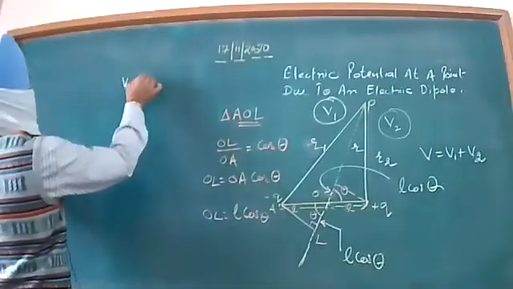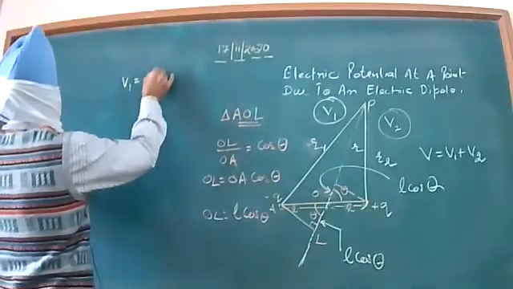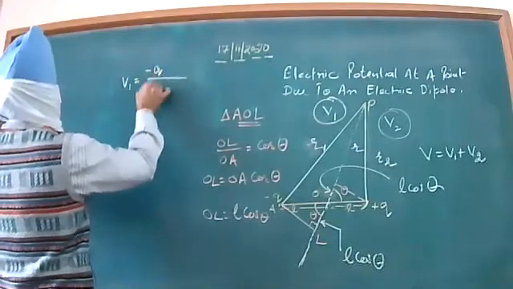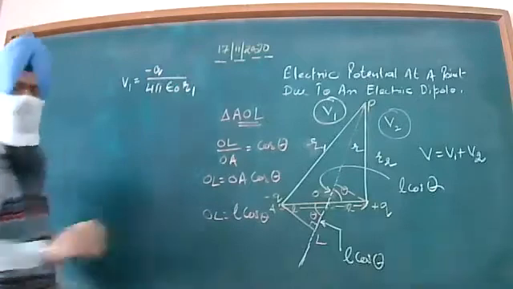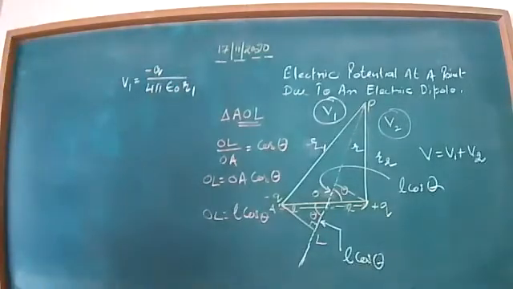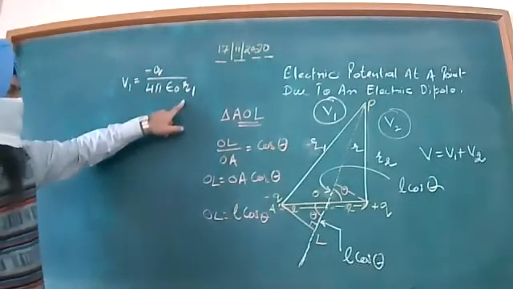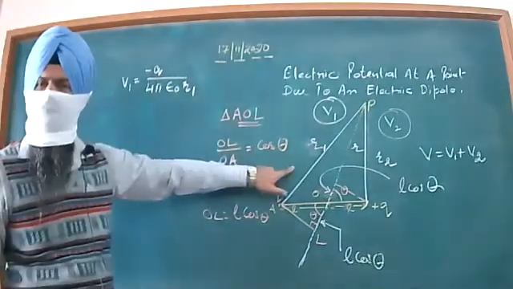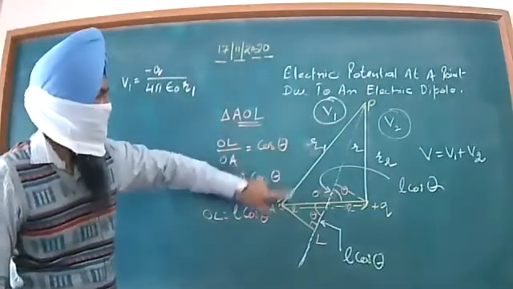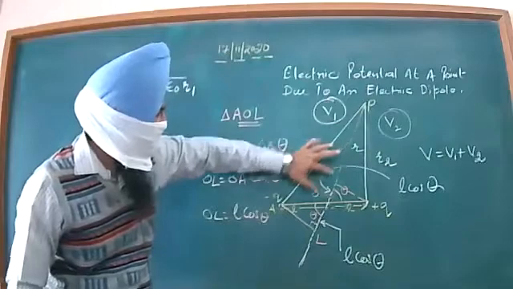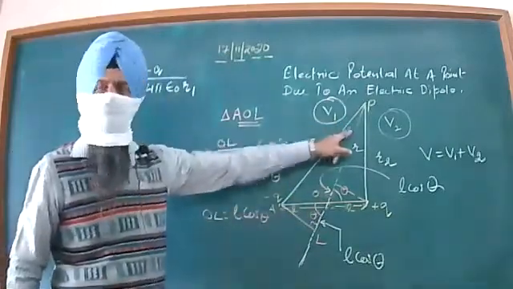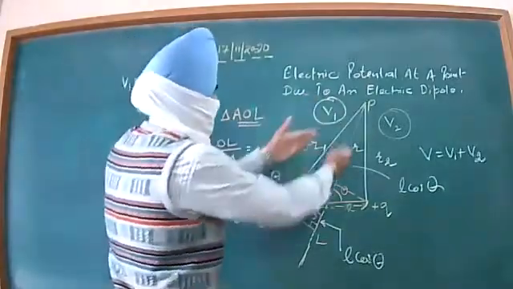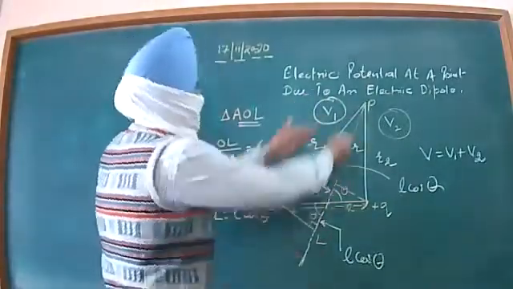V1 will be equal to Q negative over 4 pi epsilon naught into R1. This is the formula for the electric potential. This is R1. We can replace this R1 by R plus L cos theta. This angle at the center is very small. This is an isosceles triangle, two sides being equal.